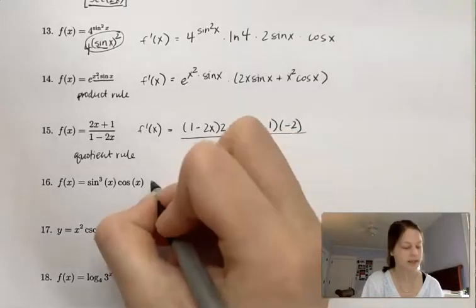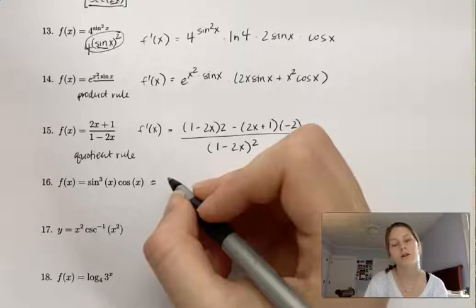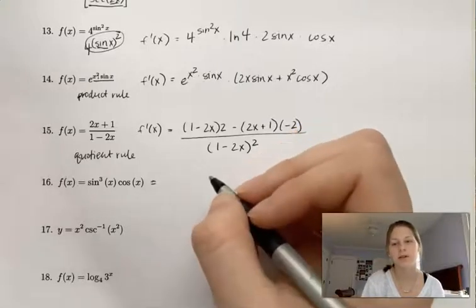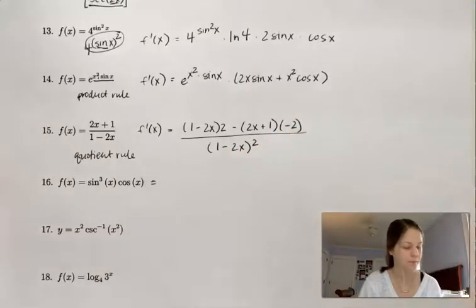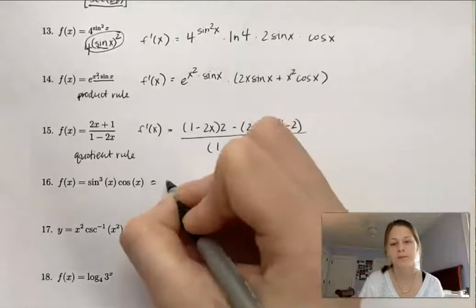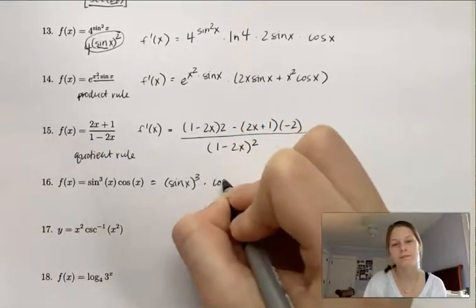So for number 16, this is one we're also going to rewrite to make it easier to find our derivative. So we will write the sine cubed x as sine x cubed instead. And then this question is a product rule and chain rule question.